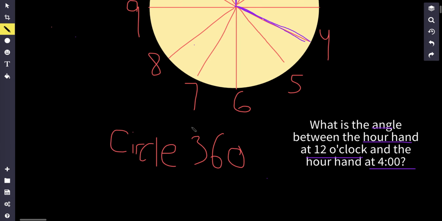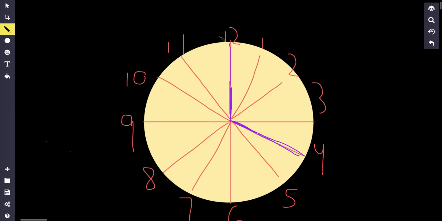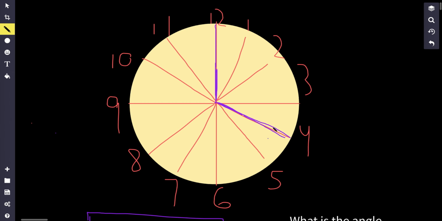Well, we know that a circle is 360 degrees, right? So this whole circle right over here is 360 degrees. And notice how there's 12 parts to this circle, right? Because this is a clock. Remember, you're going to have 1, 2, 3, 4, 5, 6, 7, 8, 9, 10, 11, 12 angles, right?